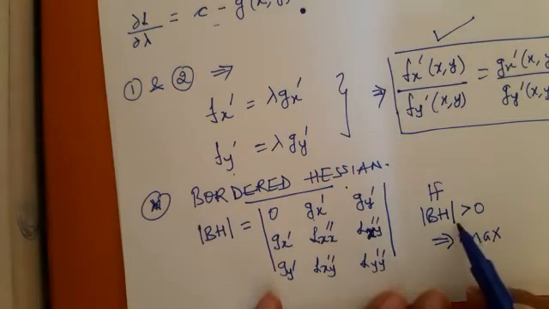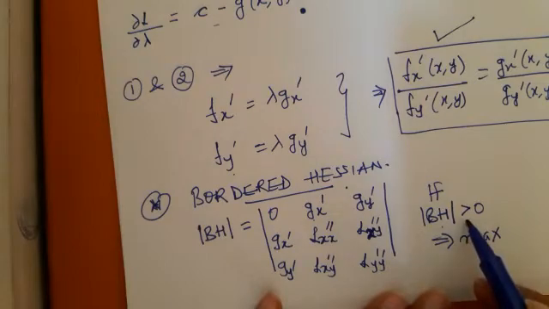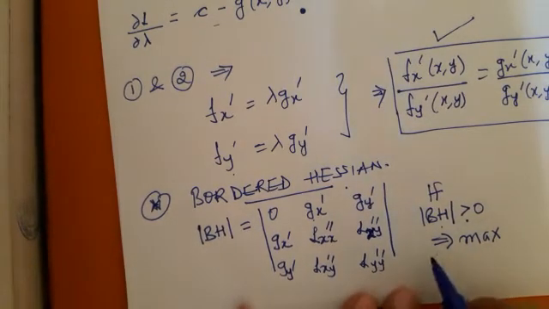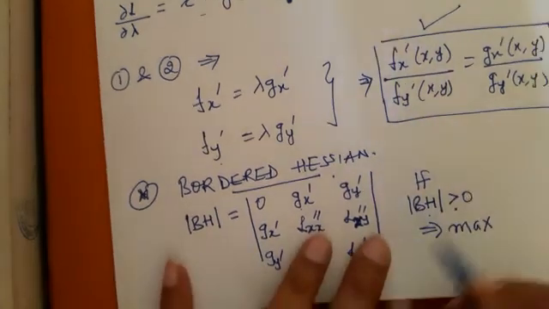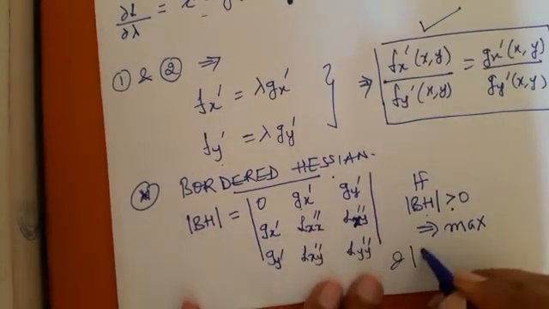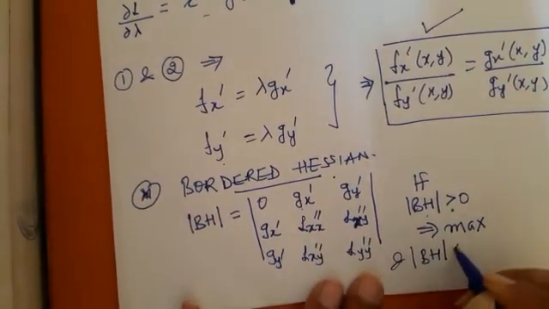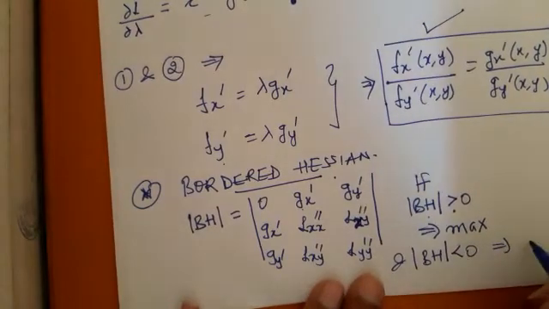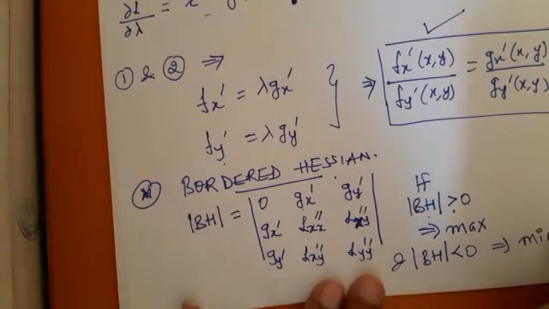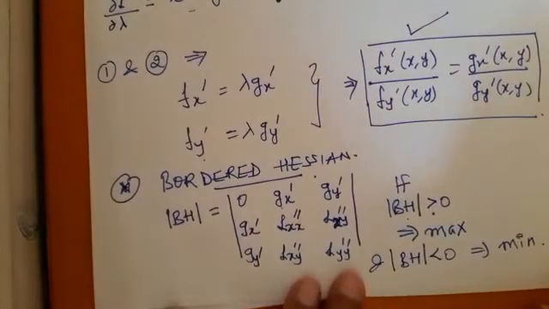But now just check for the sign. When the bordered Hessian determinant is positive, you conclude that you have a max at the stationary point. And similarly, if the determinant is negative, that implies that you have a min at the stationary point.